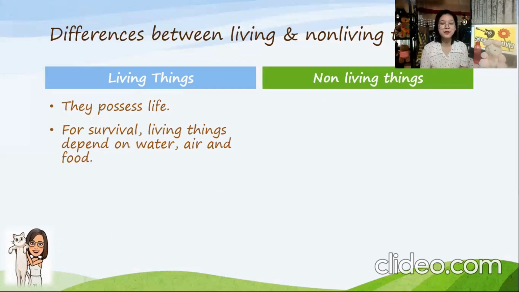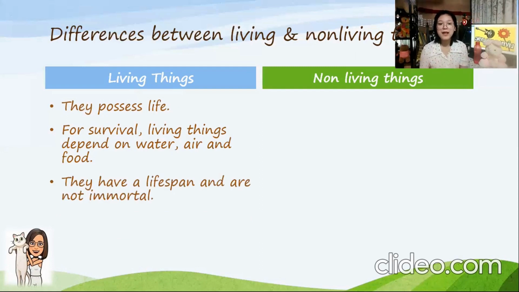And for survival, living things depend on water, air, and food. Well, to survive, we need water to drink. We need air to breathe and food to eat. Also, we need shelter, just like our house. See? To keep us safe and secure.